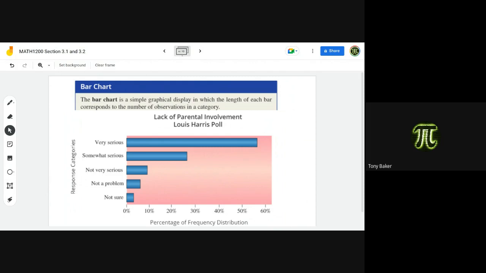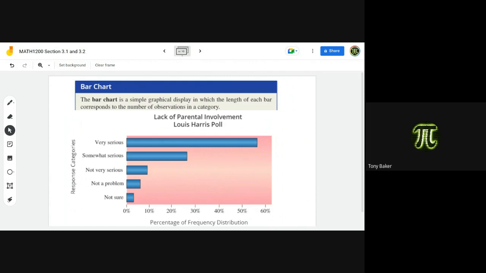If I put the actual frequency distribution there and just used regular numbers, would the lengths of the bars change? It would be different.